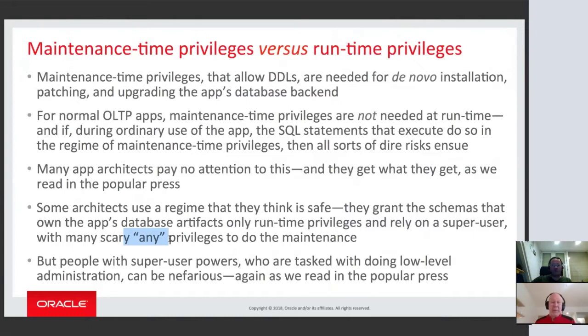I'm not going to discuss how that can be the case. I'm just going to take it as a starting point. And the other starting point is that, as we keep on reading in the popular press, a huge number of these various exploits are not done by random hackers on the internet finding a way to tunnel in, but they're done by various forms of disgruntled and or basically dishonest employees who are nominally trusted and who are abusing their trust.